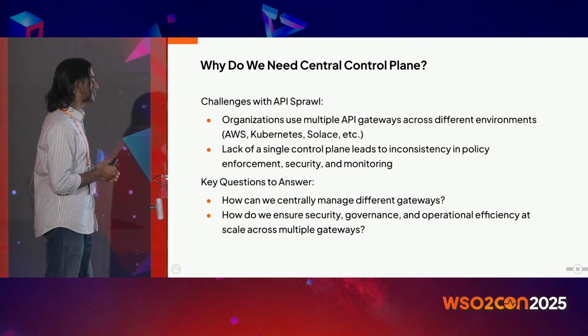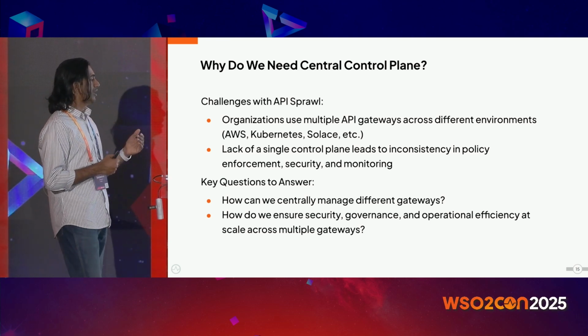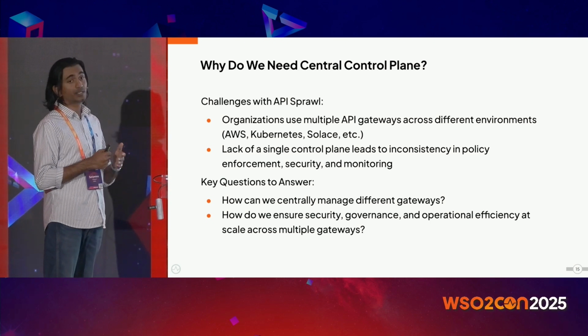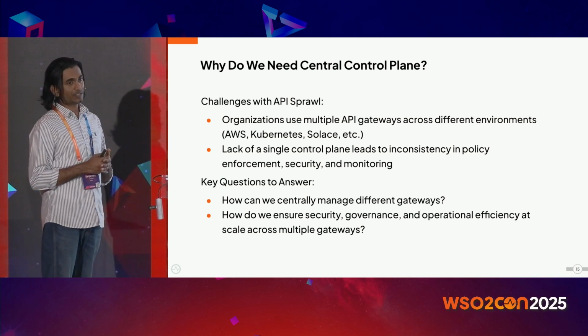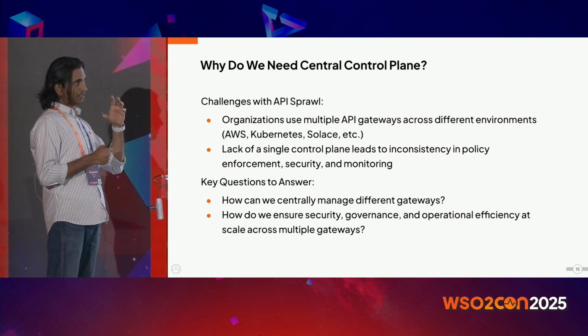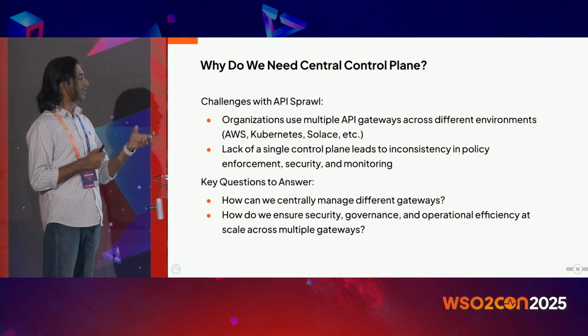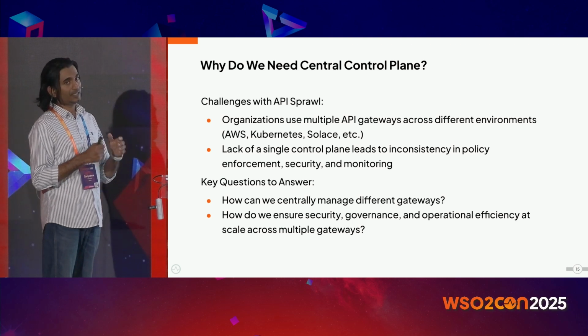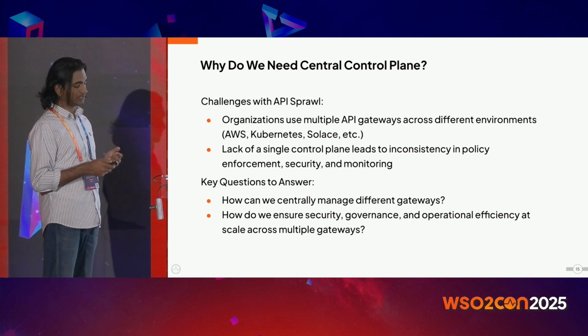One other thing we need to think about is how we ensure security, governance, and operational efficiency across multiple gateways. Some people can connect to gateways, but how we can look at security, governance, and all other things from one single control plane is the question we need to think through.